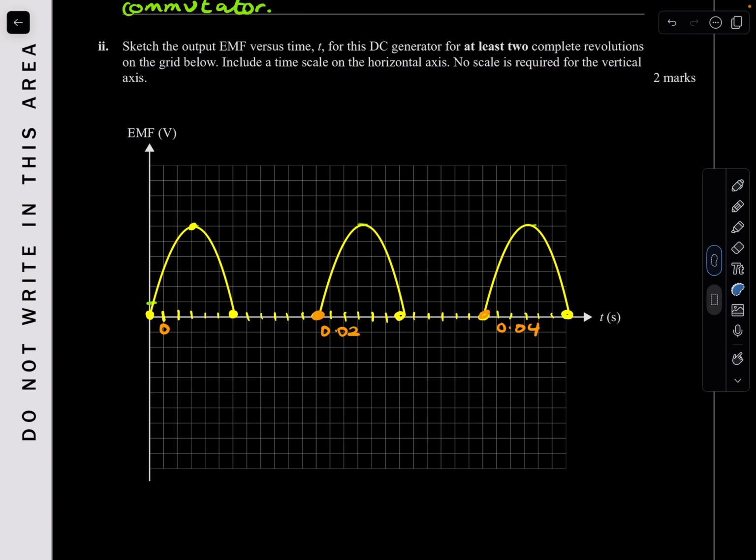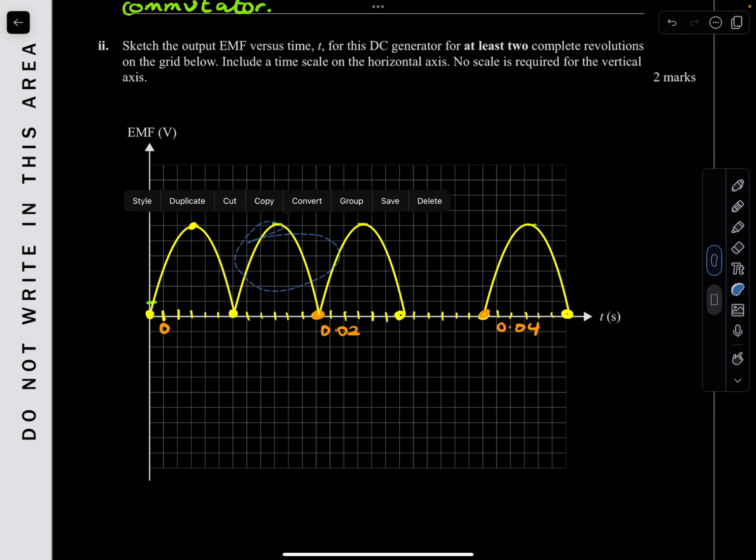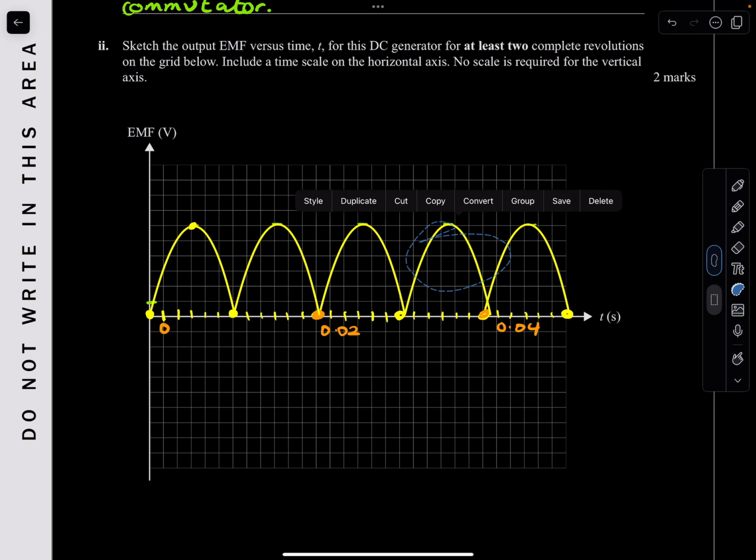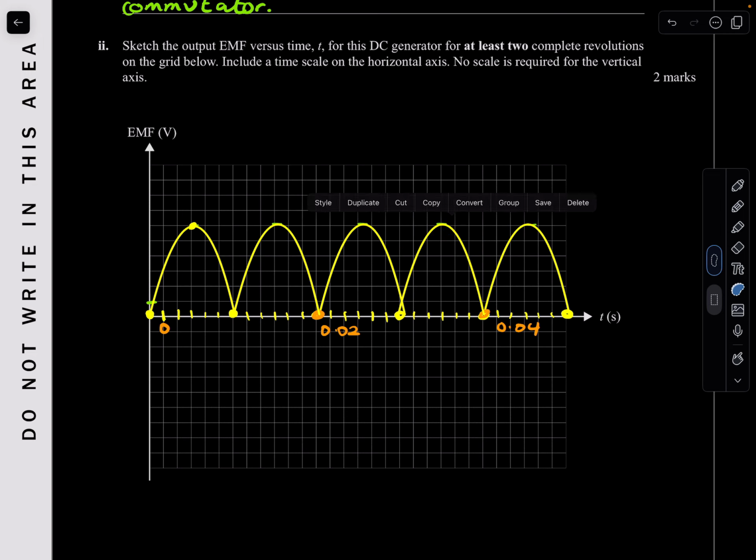We already have the timescales. All I'm going to do is duplicate this, put it right over there, duplicate that, put it right there. This is how it should look if you replace with a split ring commutator. No scale is required for the vertical axis, include timescales. The timescales are already there, so we don't have to worry about that. It looks great.